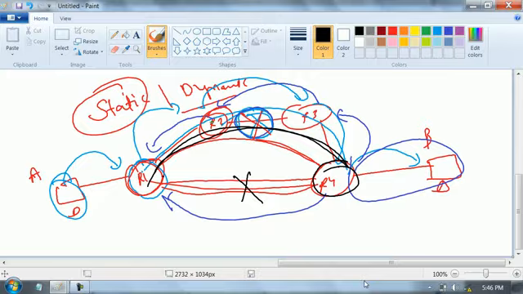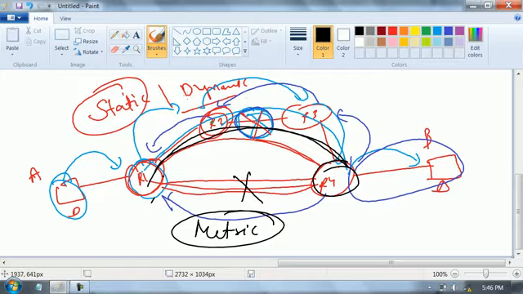Agree? It means if I am running a routing protocol in a scenario, and for a destination I have two paths, to decide the best path, what thing will I use? Metric. Agree?